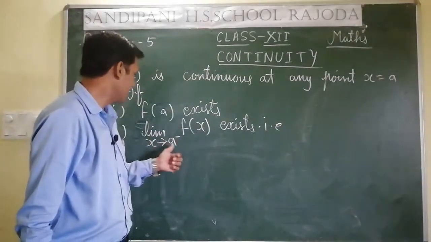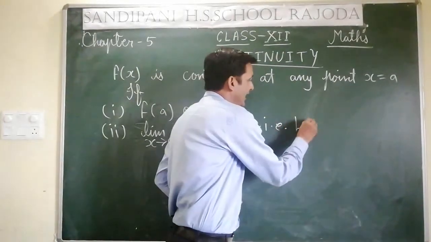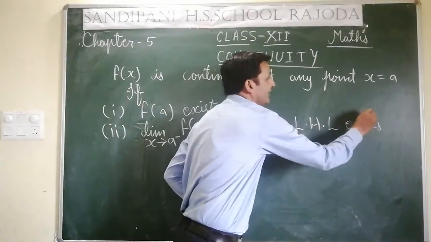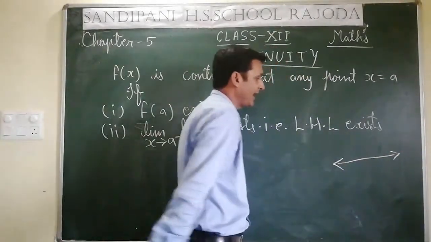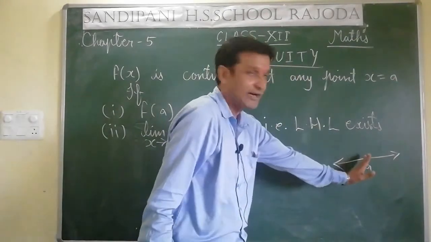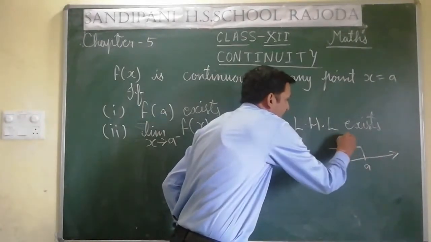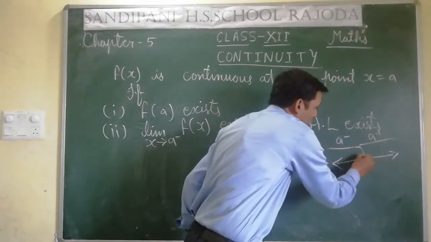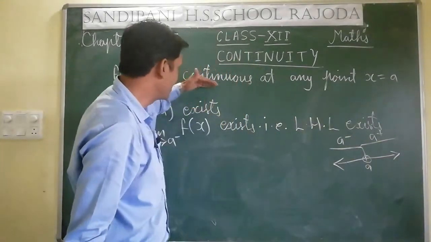Second point, limit x tends to a negative f of x exists, that is LHL exists. It is called left hand limit, because if we draw a number line, then on that number line, suppose this is point A, so its left side is A minus, this section is called A minus, and this part is called A plus, and this particular point is known as A. That's why we are discussing continuity in this manner.